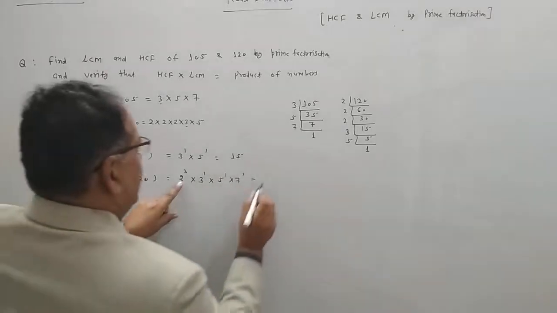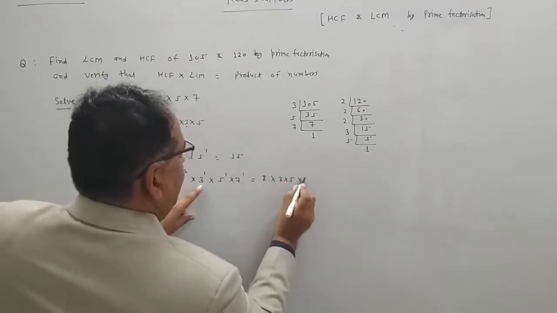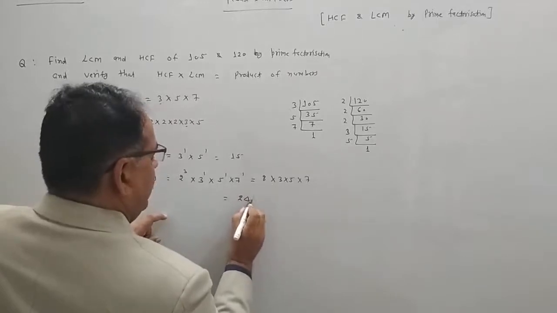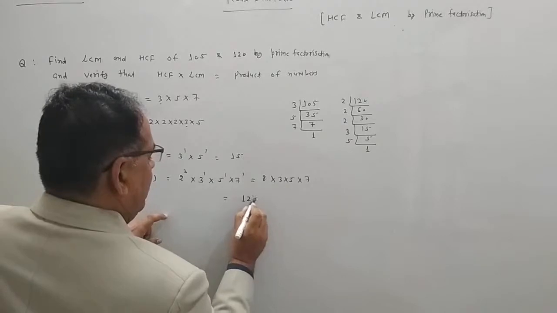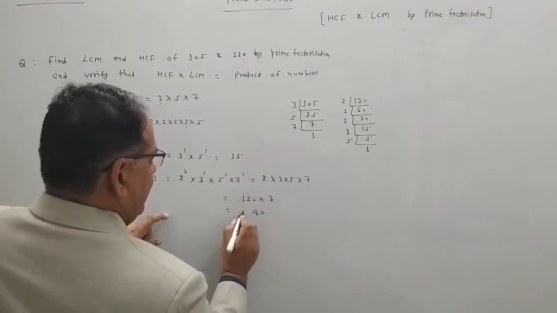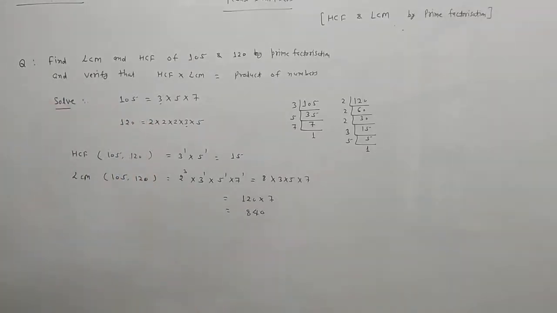So 2 to the power 3 becomes 8, into 3, 5, 7. That means 8 into 3 is 24, 24 into 5 is 120, 120 into 7 is 840. This is the LCM.